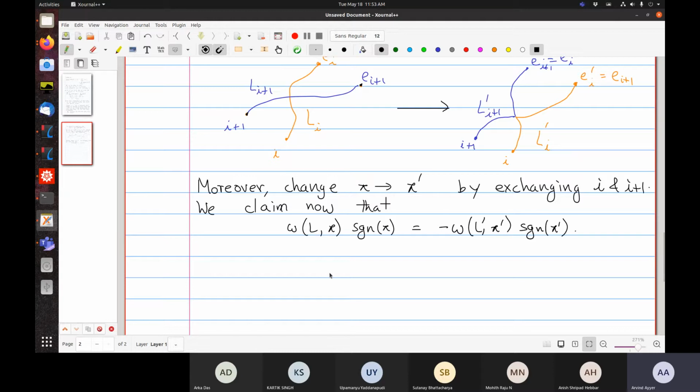Okay, so we want to do that now, but there are two cases, depending on whether I is matched to I prime in pi or not.